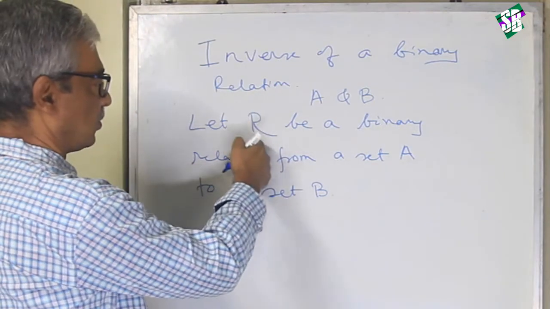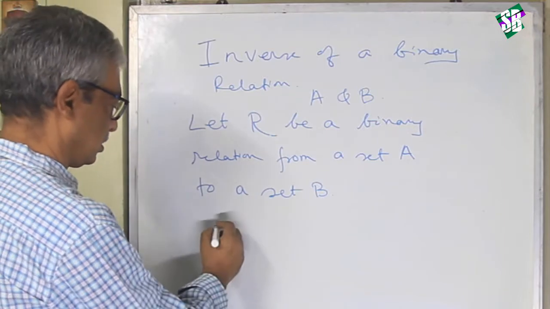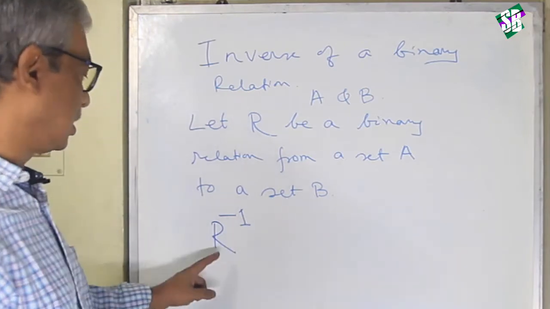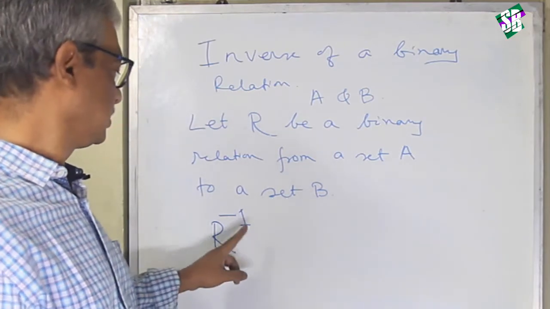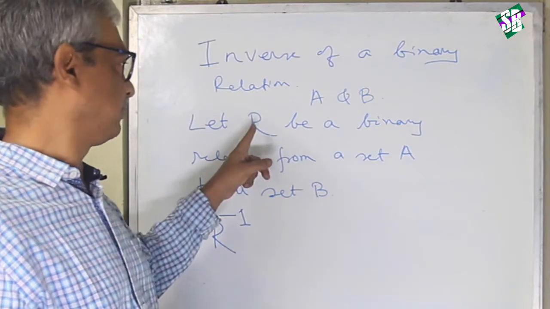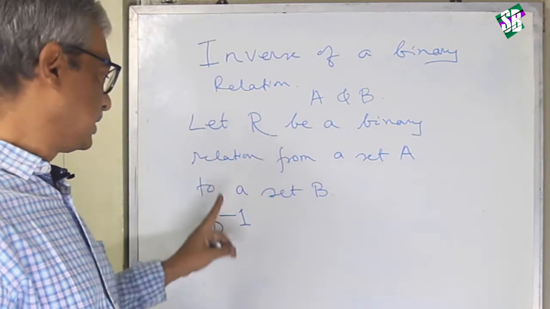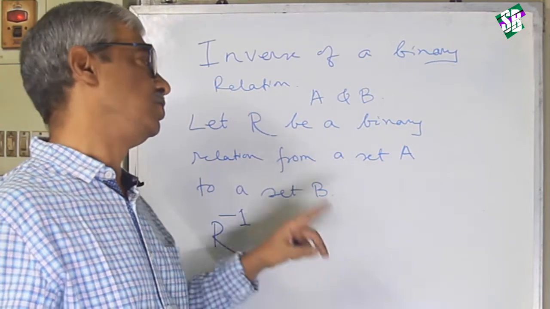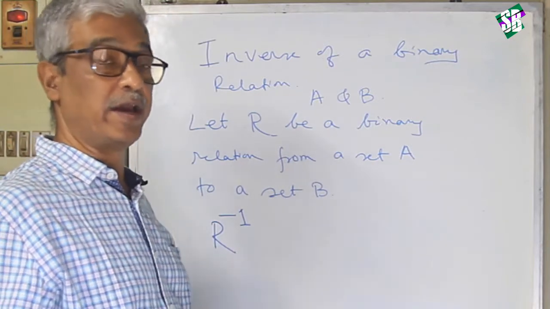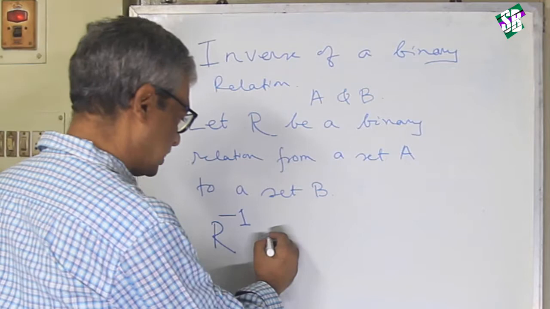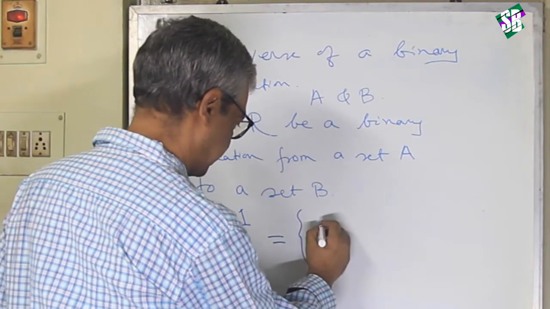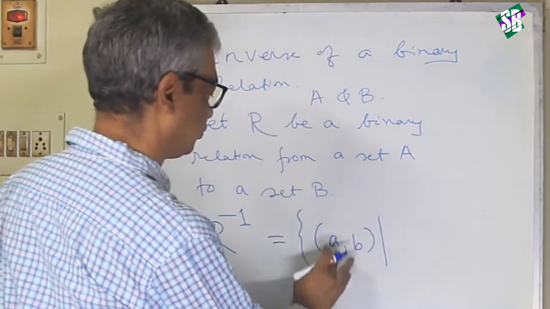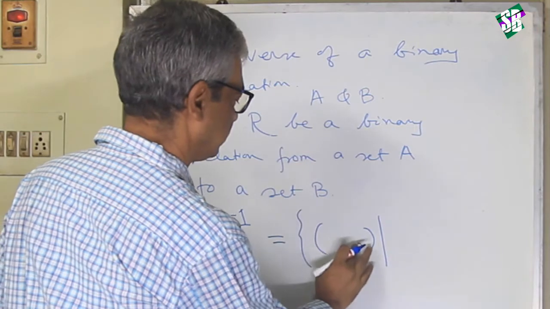The inverse of this binary relation R, denoted by R power minus 1, R to the power minus 1 is the notation for the inverse of the relation R. This relation is from the set B to the set A. And how is it defined? This is defined as a set of pairs (b, a).